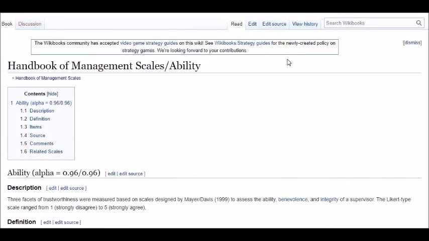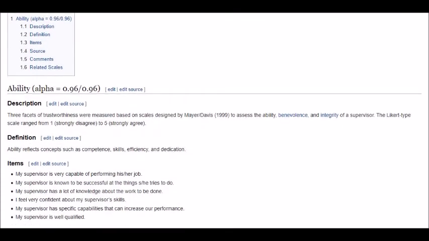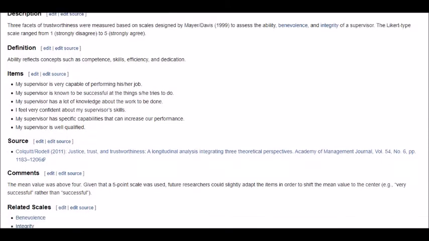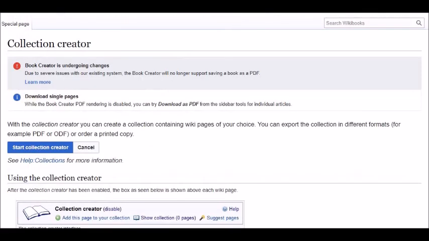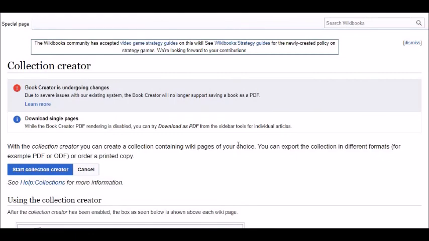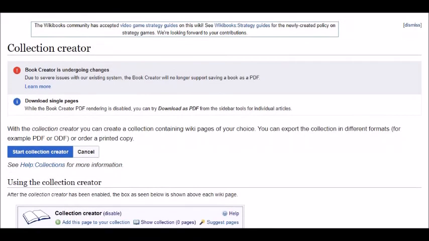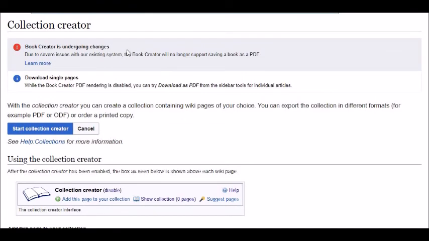If you have access to the internet, you can click on create a collection of it, and they have given you the steps, each and everything. For example, book creator is undergoing changes right now, so book creator will no longer support saving the book as a PDF. You can download single pages, but they are still working on it, so we cannot do it.